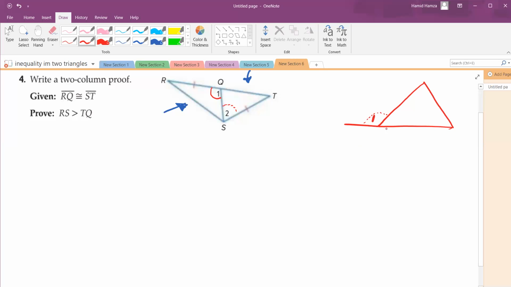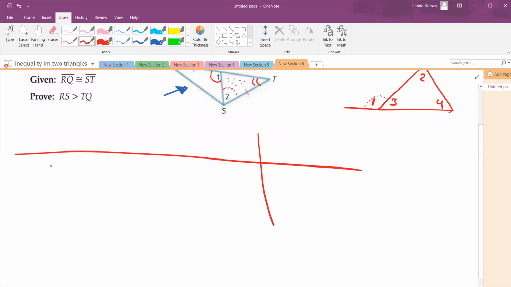This one will be greater than what angles, guys? 2 and 4. So angle 1 is an exterior angle, so it will be greater than angles 2 and 4. So that's it, guys. It's very easy.